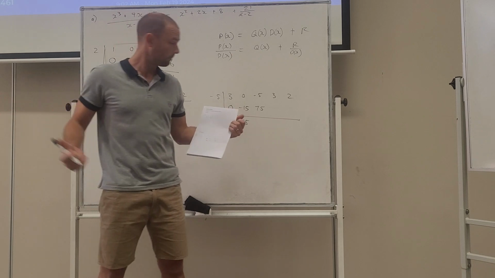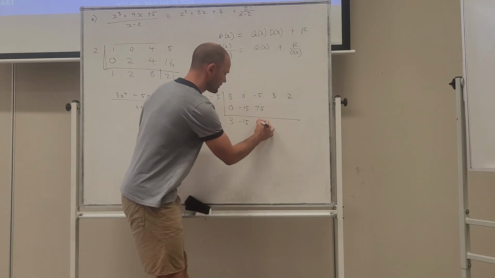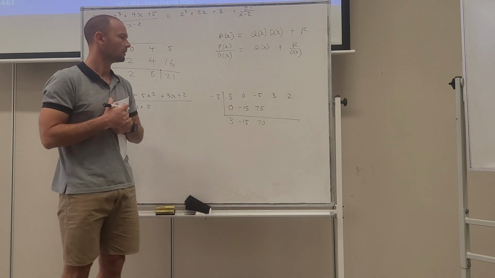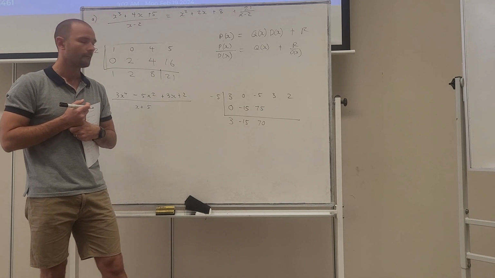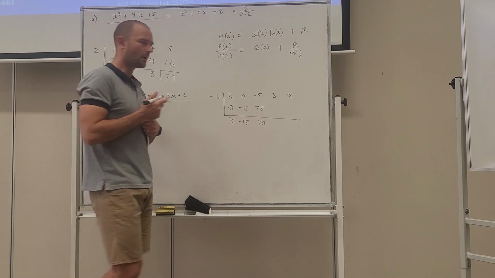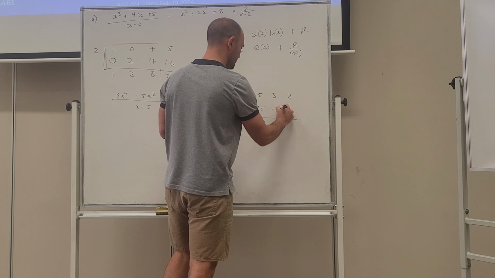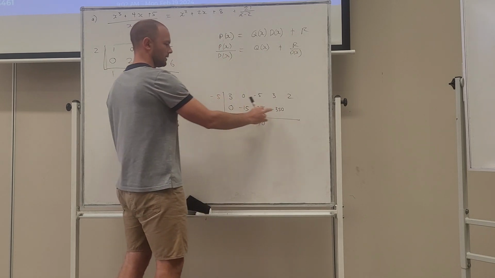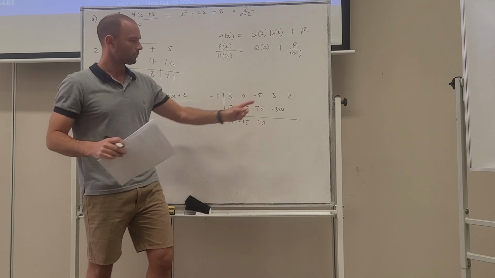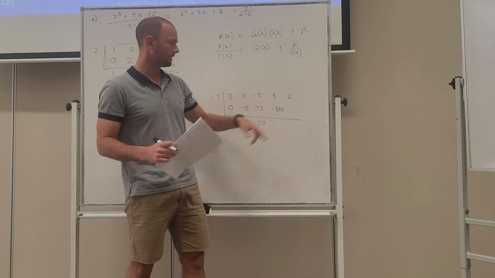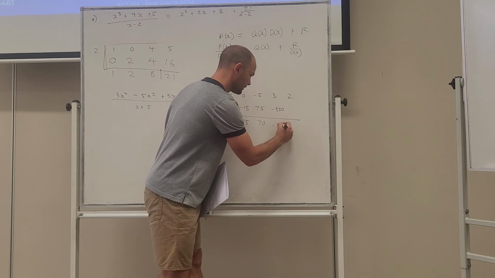Minus 5 plus 75 will be positive 70. 70 times minus 5, minus 350. 3 plus negative 350 will be negative 347.